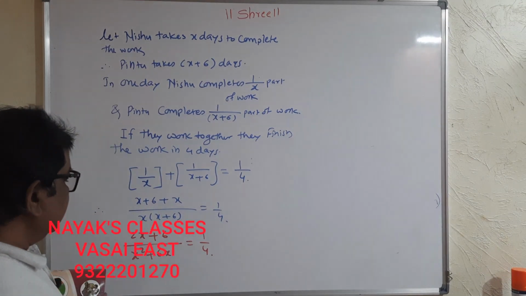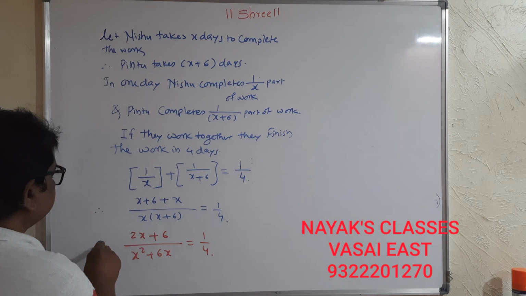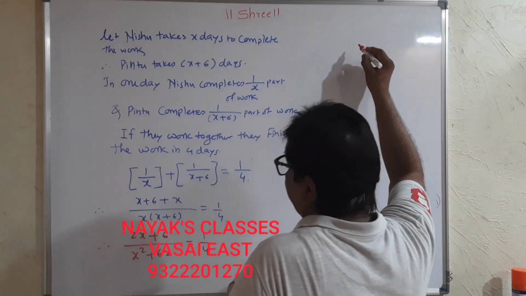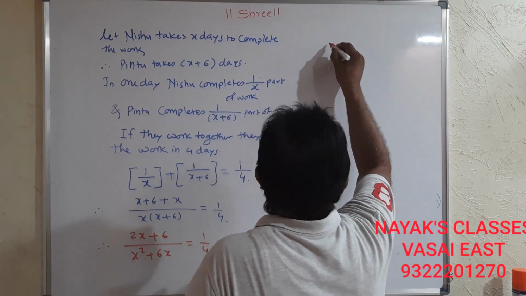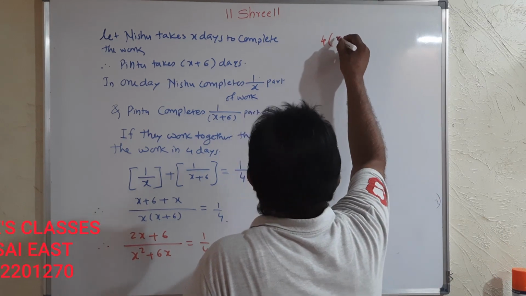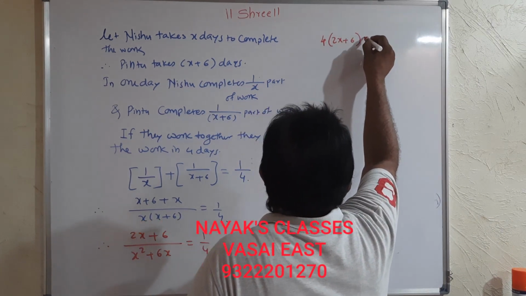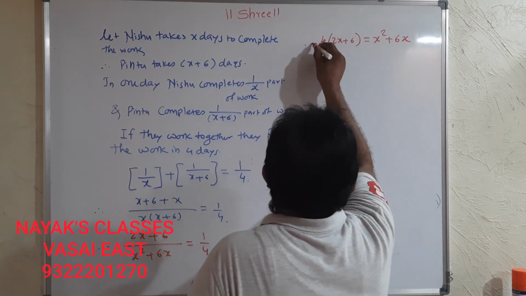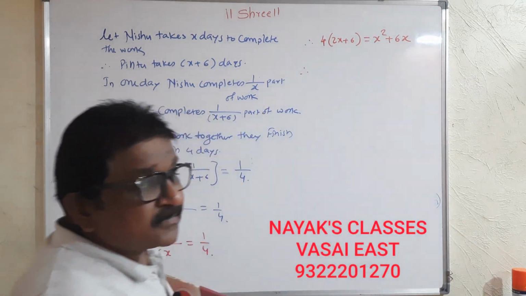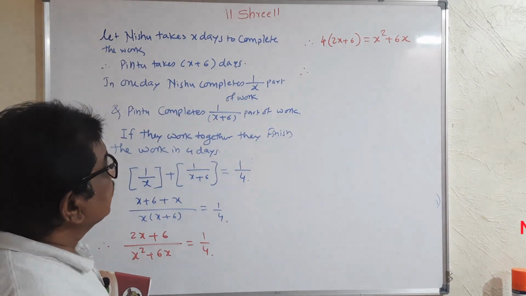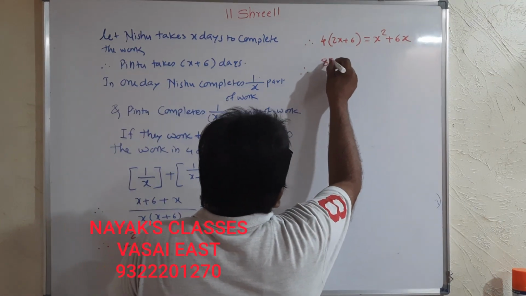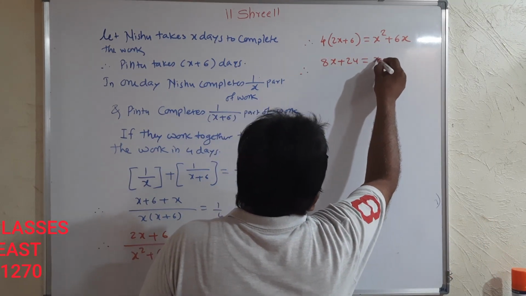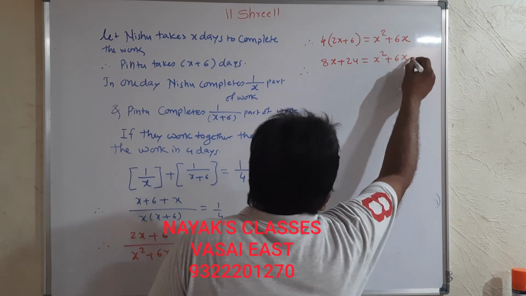Correct? Again cross multiplication, it will be 4 into bracket 2x plus 6 is equal to x square plus 6x. Therefore, it will be 8x plus 24 is equal to x square plus 6x.